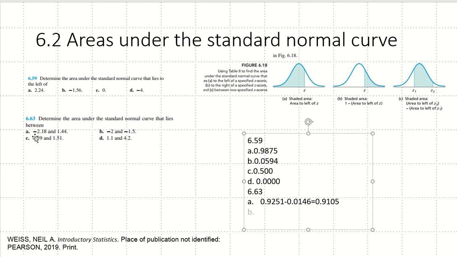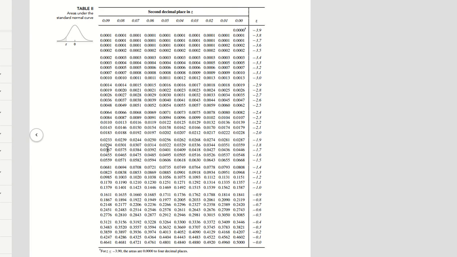And then the last one, and the last one I'm going to do for this video, unfortunately. I'm not going to be able to do the rest. But I would highly recommend that you go over what I did and also do the two remaining letters. So negative 2 and negative 1.5. We go back to the table. We're at the negative z-score, so it's good. So negative 1.5, where are you?